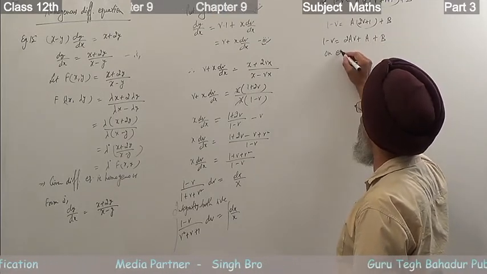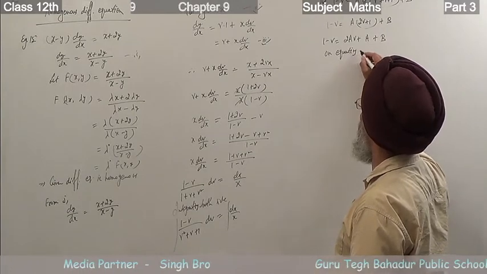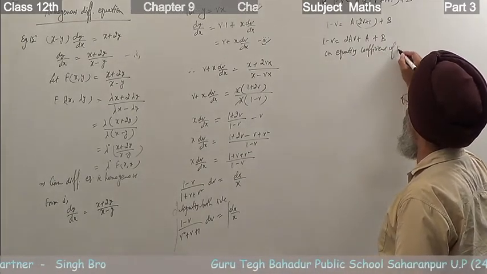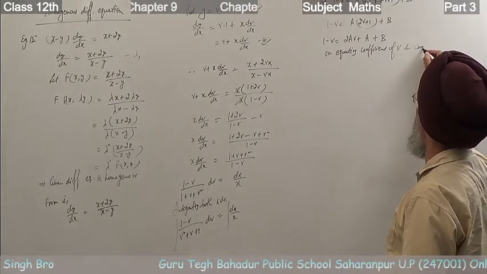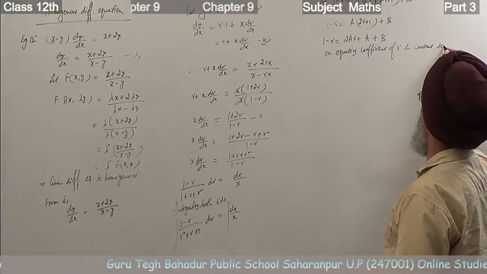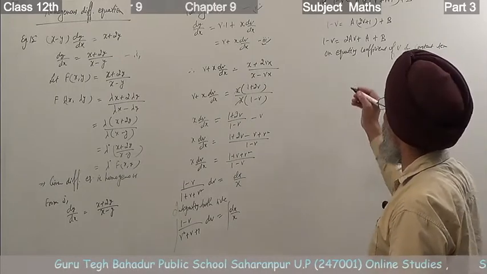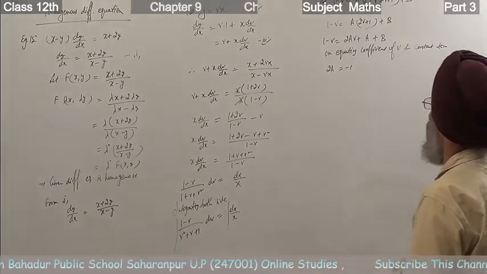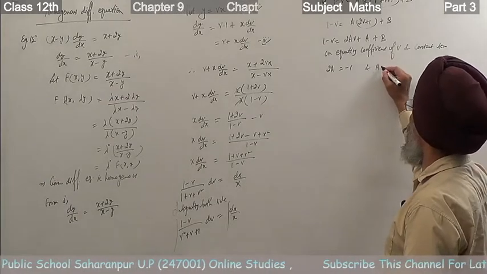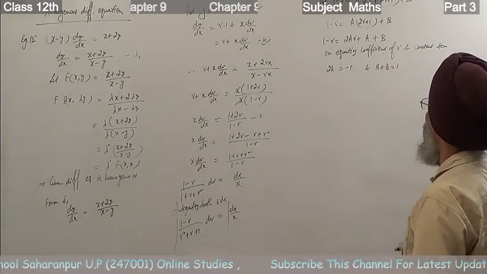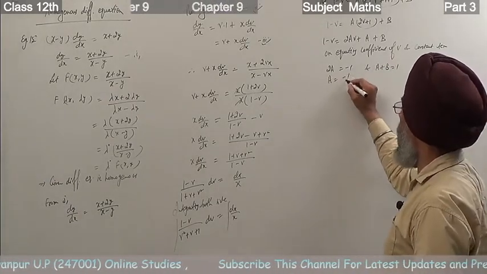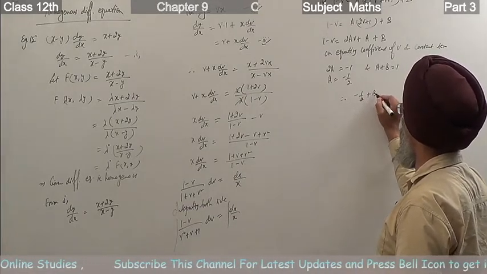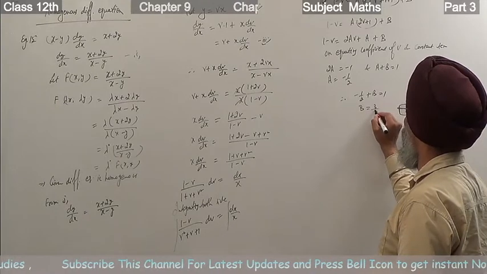On equating the coefficient of v and the constant term, you will get 2a is equal to minus 1 and a plus b is equal to 1. So a is equal to minus 1 upon 2. Therefore, minus 1 upon 2 plus b is equal to 1, so b is 3 upon 2.